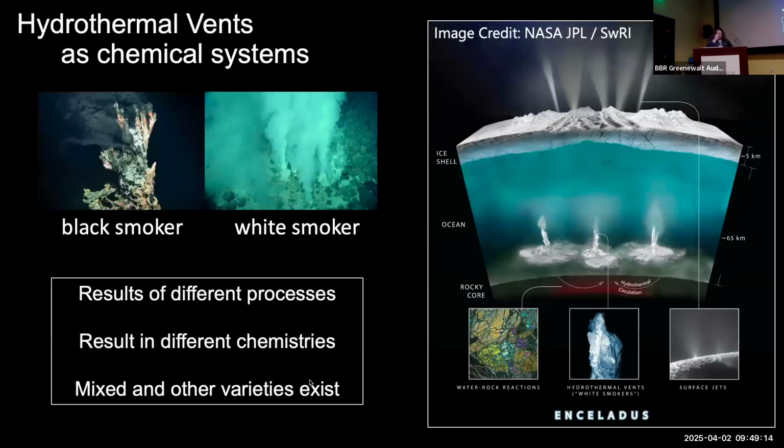Hydrothermal vents, as a starting environment, already have a lot of chemical parameter space variability. If you're trying to look for individual parameters for an experiment, you have to think about the fact that these vent features are results of different processes and different chemistries, and sometimes have mixed environments depending on what else is there.